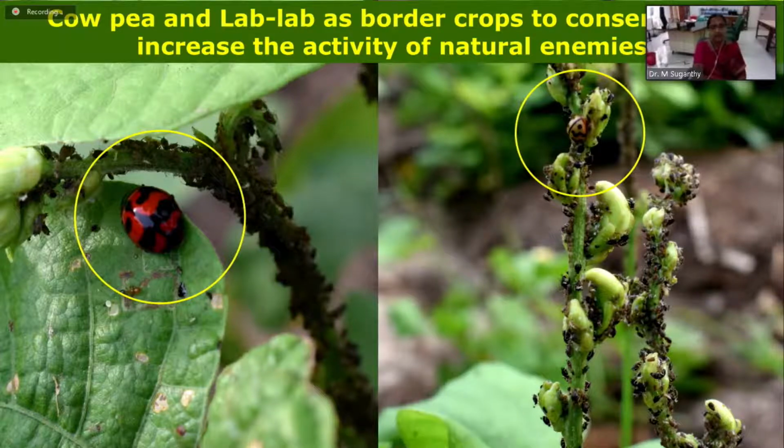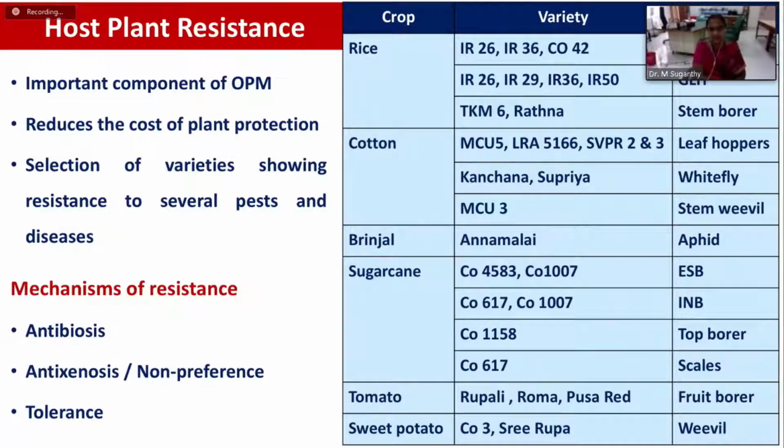The next important component under organic farming is host plant resistance. This is considered very important, as rightly pointed out by our co-chairman, because if we have resistant varieties, it will reduce the cost of plant protection. We need not go for any other protective measures. The selection of varieties should be such that the variety shows multiple resistance to several pests and diseases.